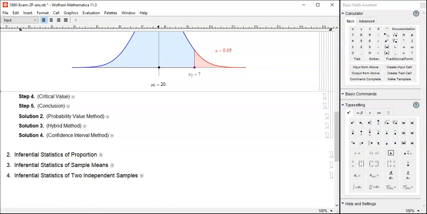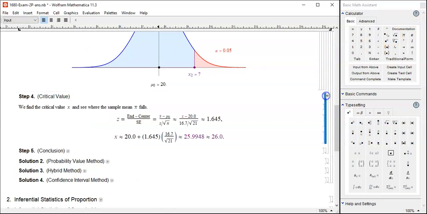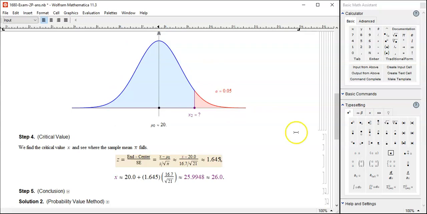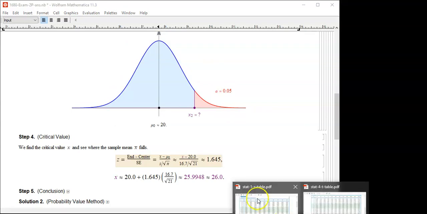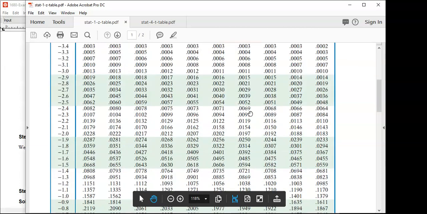Find out what x is. Okay, here we go. Z-score is end minus center over SE, and then the Z-score associated to 5% is 1.645. Is that it? Yeah, Z-table.